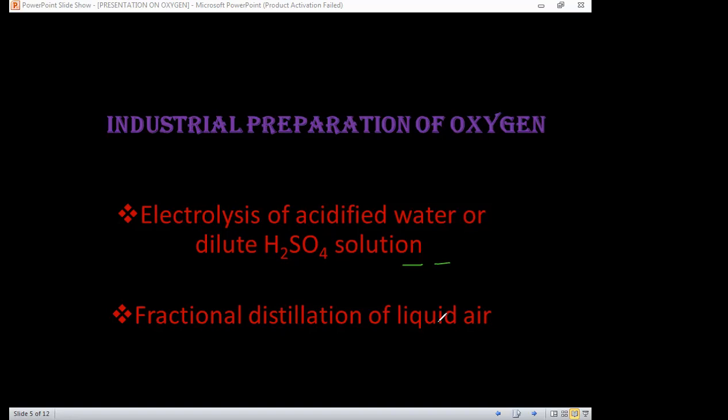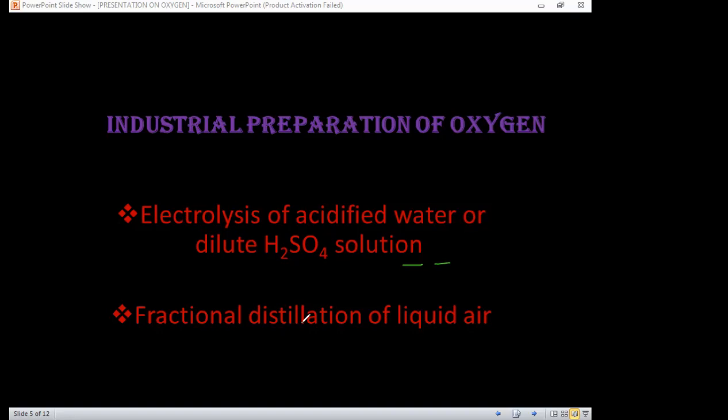How do they carry it out? They allow the gaseous air to pass through a compressor at a very low temperature, which is minus 200 degrees Celsius, and a very high pressure, which is 200 atm.